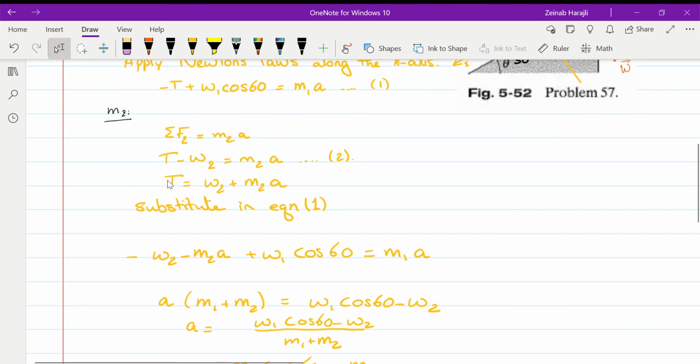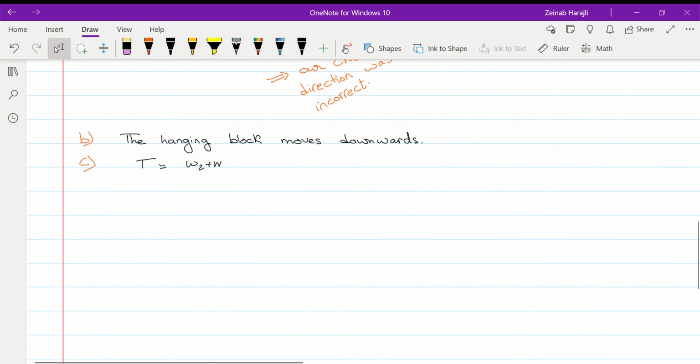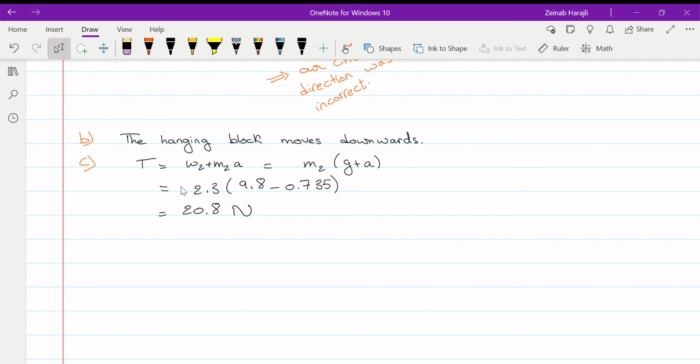We got that the tension is W2 plus M2A, for example, which can be written as M2 into G plus A. And we can just substitute this: 2.3 kilograms into 9.8 minus 0.735, and then we will get the value of the tension to be 20.8 newtons.